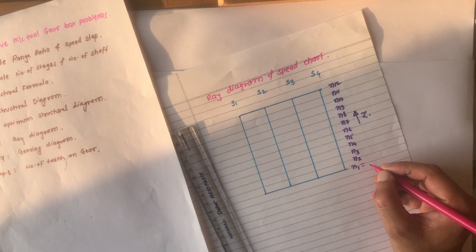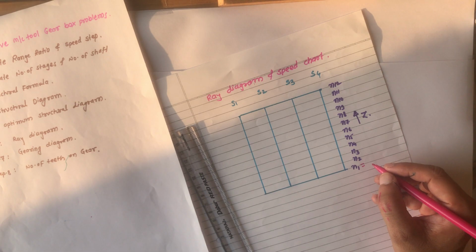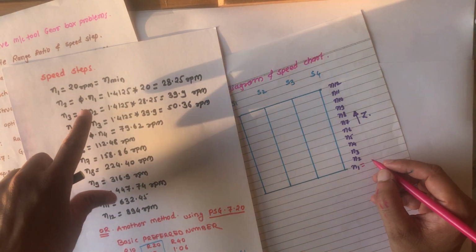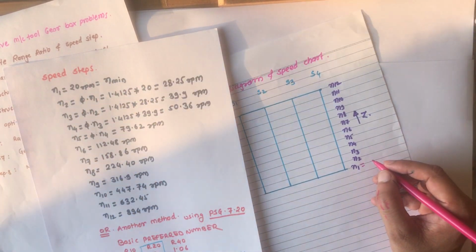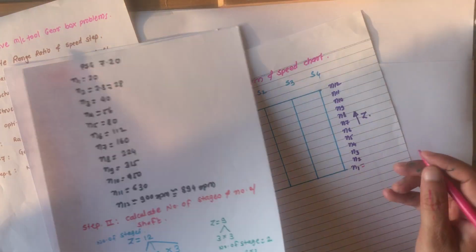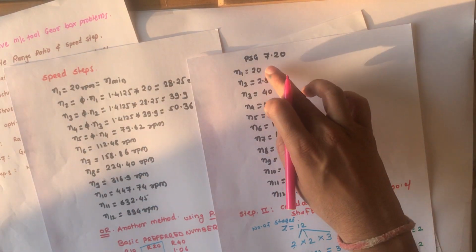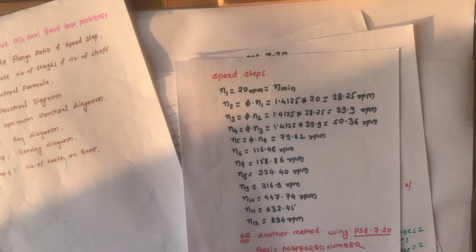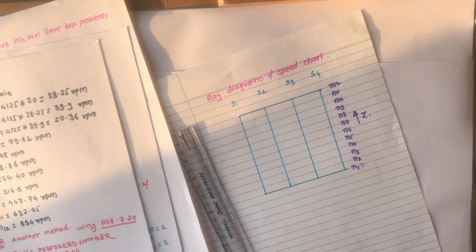So our N1 is, see here, okay, you can take this value or you can take the values from PSG data books. You can take these PSG values or you can take the value from calculator. It's your choice.